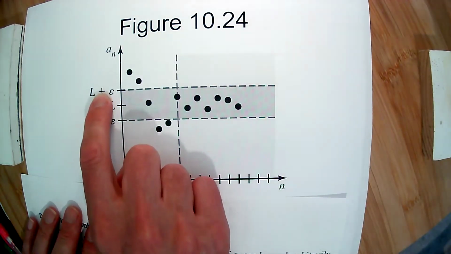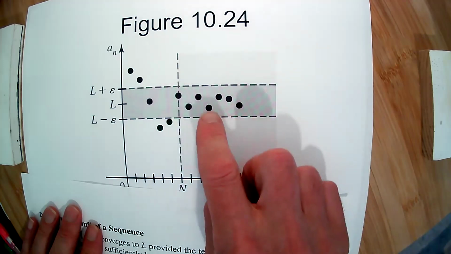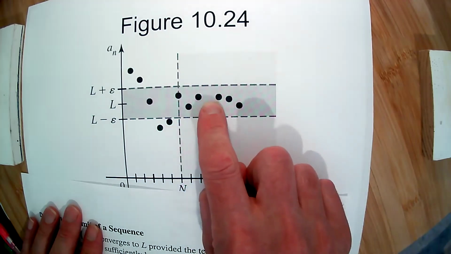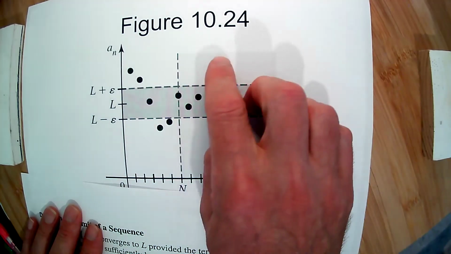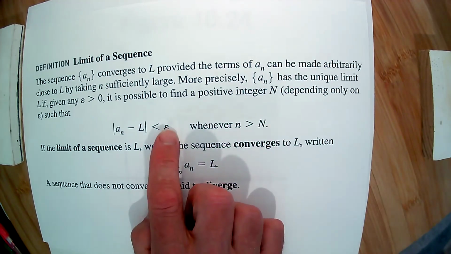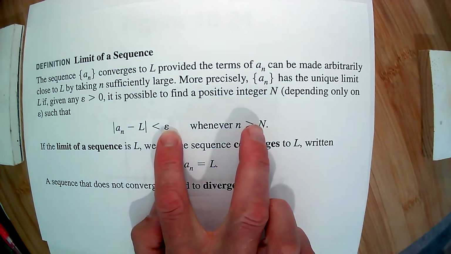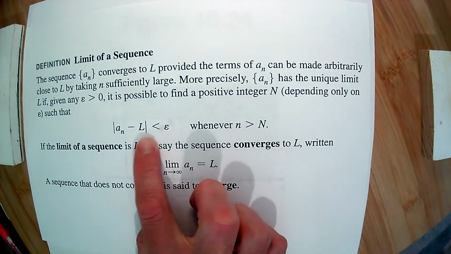If you provide a threshold, epsilon, I can tell you how far out you have to go into the sequence from when all of the sequence values will be within that threshold forever after. Okay? It can't bounce out after that. That's what it means for the limit to be L: if you provide any threshold, we can find a place in the domain where if you go past that, you're going to be within the threshold, guaranteed.